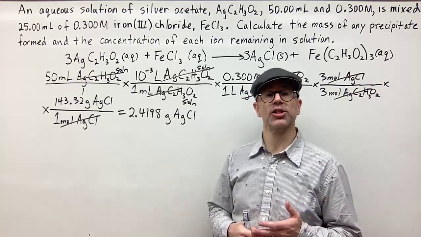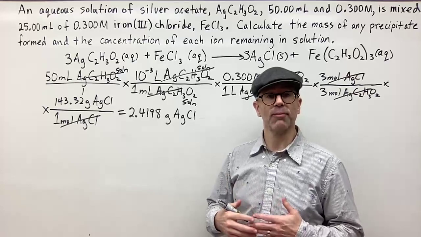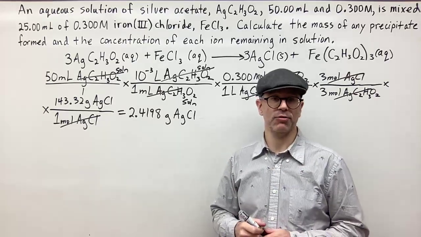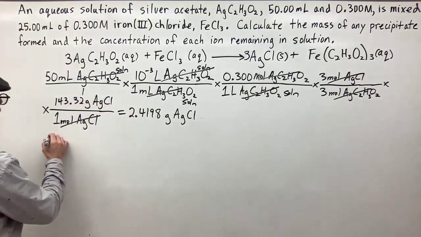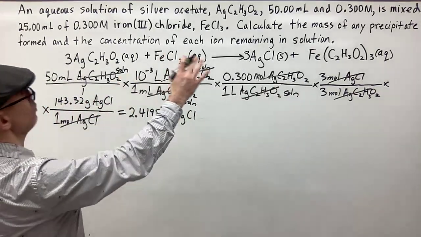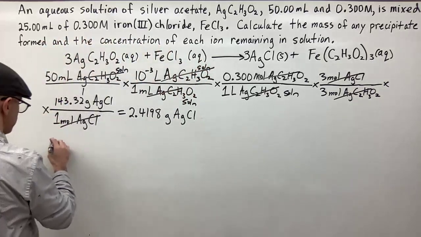and see how much silver chloride would come from that amount of that reactant. So we got to do the same thing. So we're going to start here. Again, we have 25 milliliters.